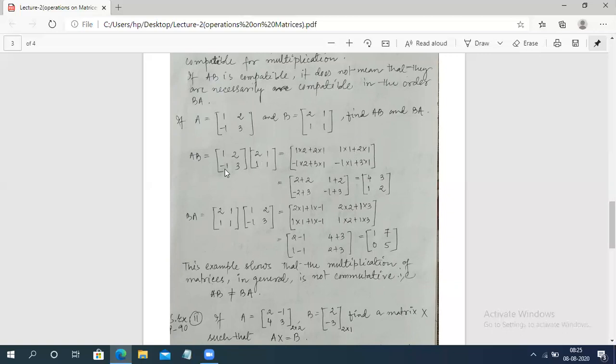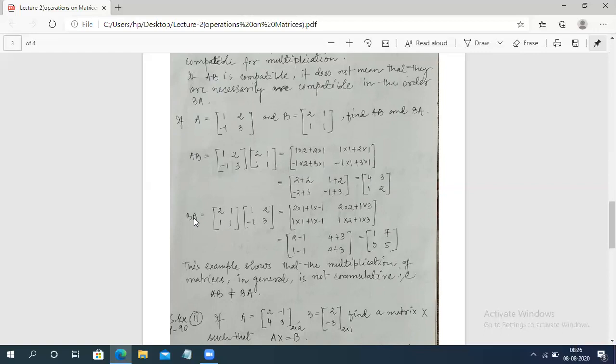Now come to the second row. The second row with each column: minus 1 into 2 plus 3 into 1, and then minus 1 into 1 plus 3 into 1. So we are getting this resultant matrix: 4, 3, 1, 2. Now multiply BA.